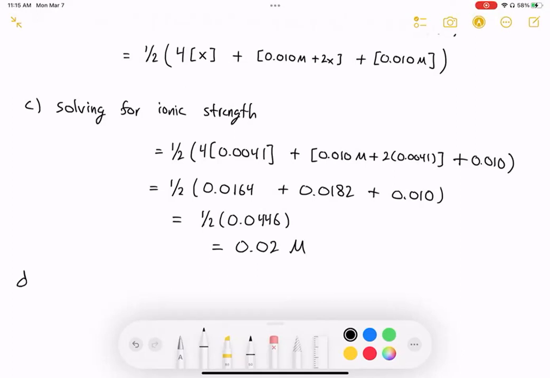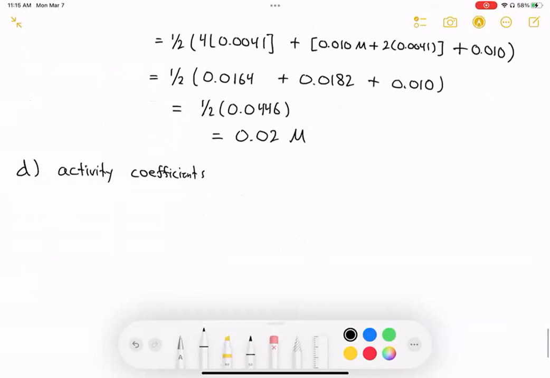Now let's use the activity coefficients. So in our Ksp equation, we only care about calcium 2+ and iodate minus. So in this case, our activity coefficients for calcium, let's go back to our table here, all the way up here.